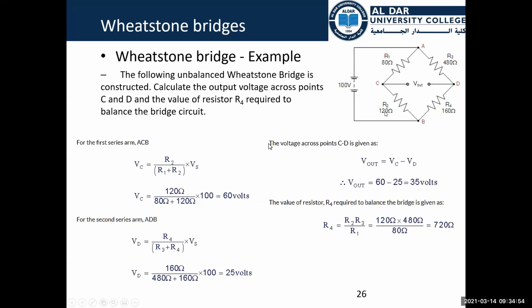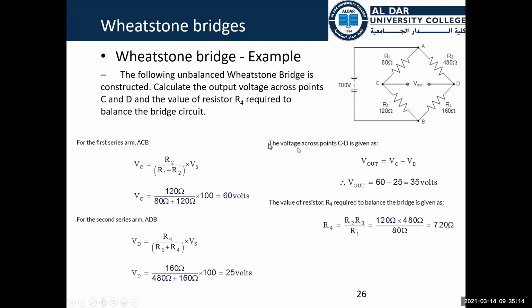We have 120 over 120 plus 80. So VC will be equal to 120 over 80 plus 120, all of them.